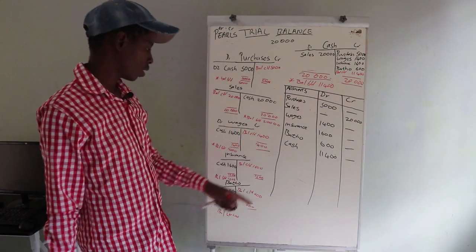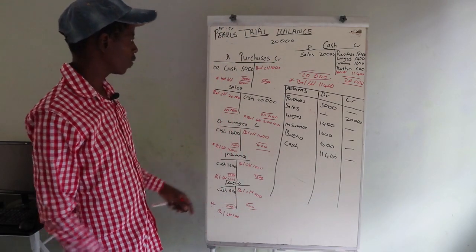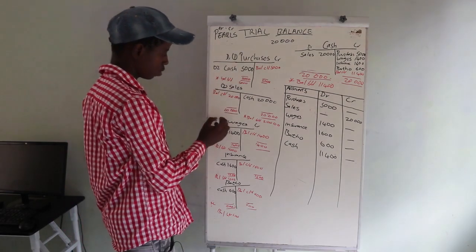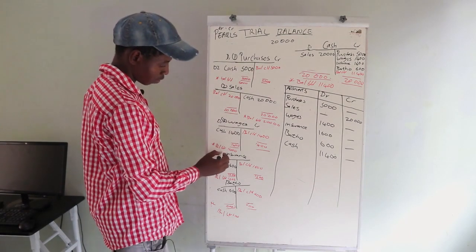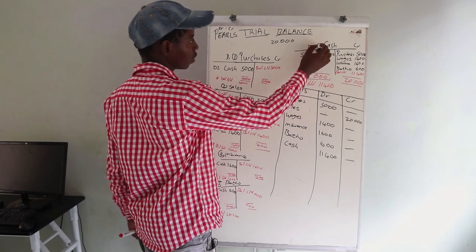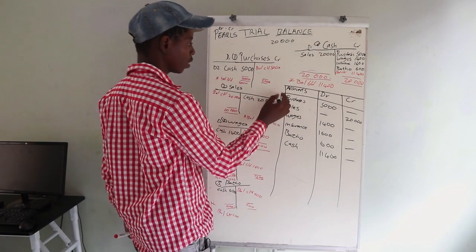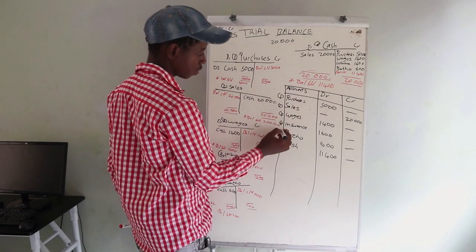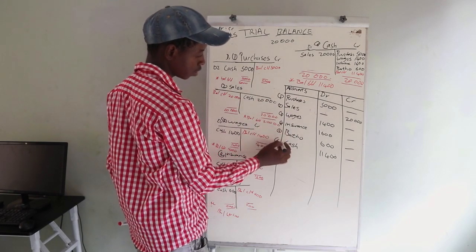So we can say that we have completed our accounts, right? 1, 2, 3, 4, 5, and then 6, right? 1, 2, 3, 4, 5, 6, right?